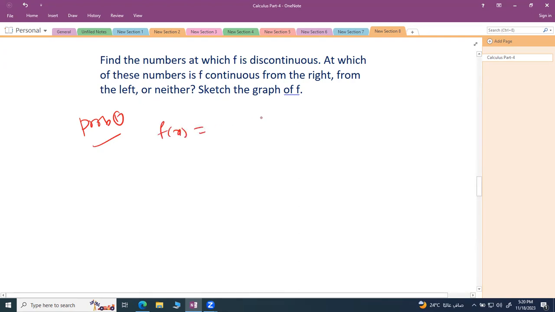f of x equal to x cube if x is less than -1, minus x if -1 less than or equal to x less than 1, 2 by x if x more than or equal to 1.